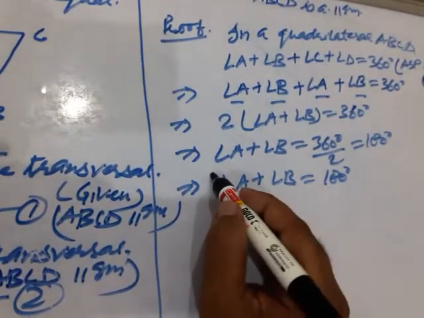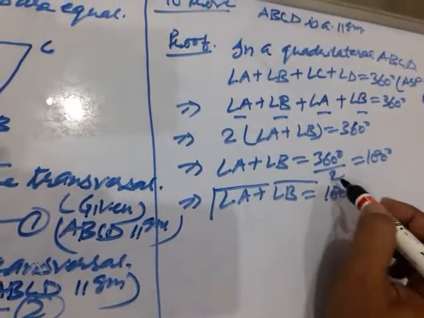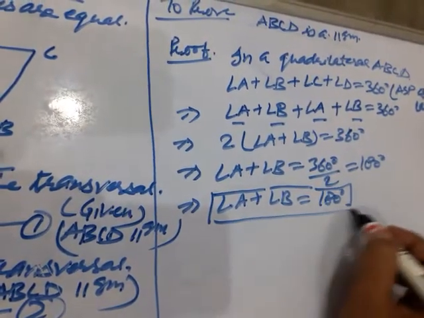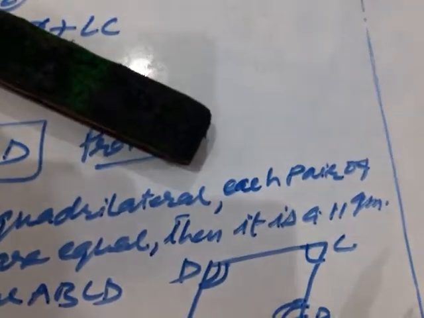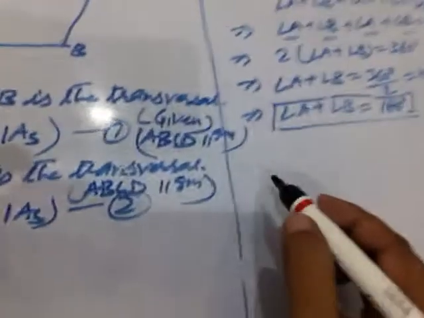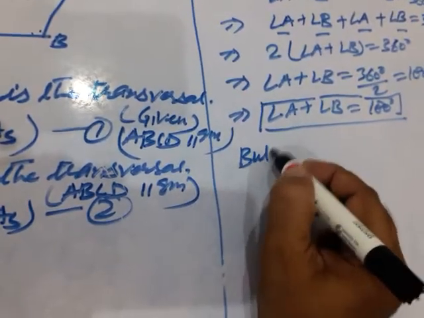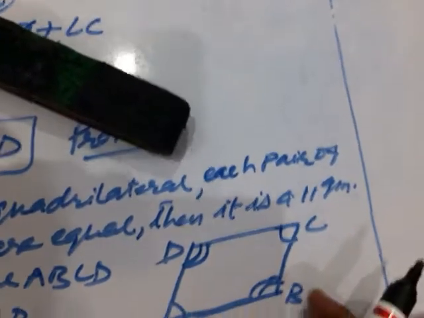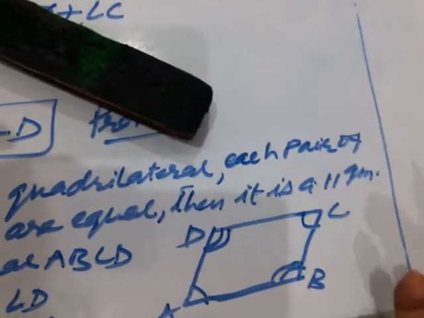But here this is an important turning point of the question. Angle A plus angle B equal to 180 degrees. See the figure. Up to here it is not clear whether it is a parallelogram or not.